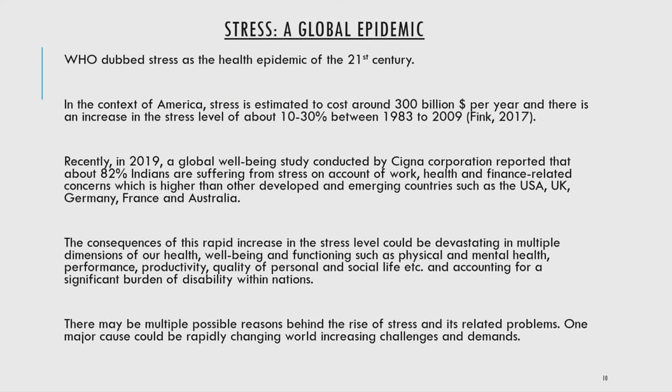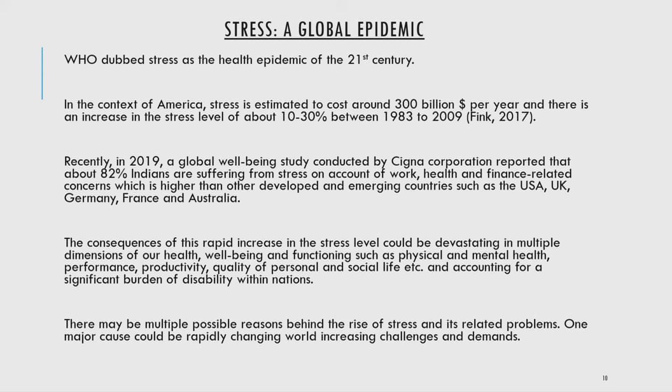Now, we will talk about stress as a global epidemic. WHO dubbed stress as the health epidemic of the 21st century, simply because this is a global phenomenon and it is constantly rising.